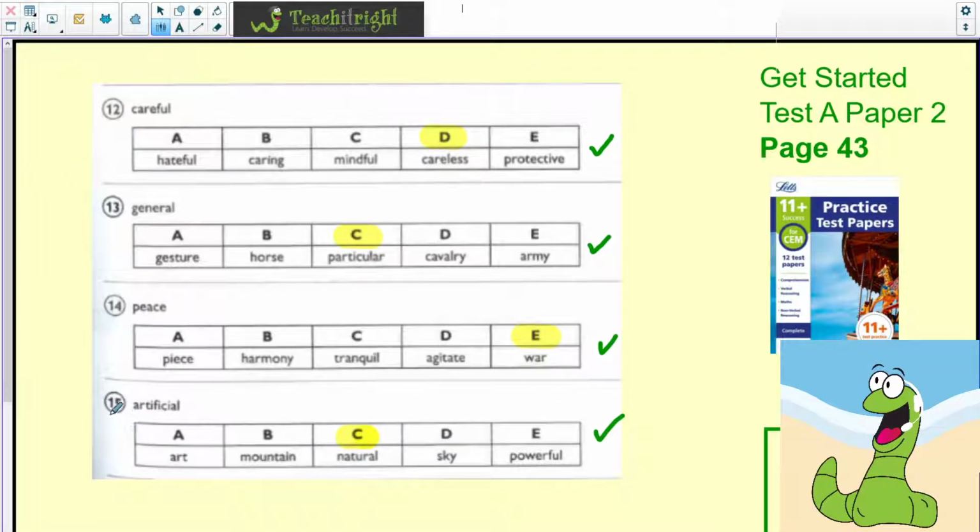So we've got 15 questions there that hopefully you were able to go down through and check.